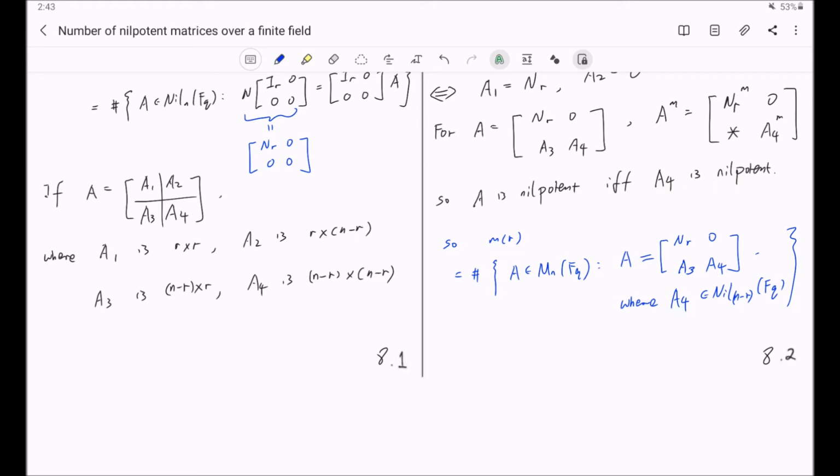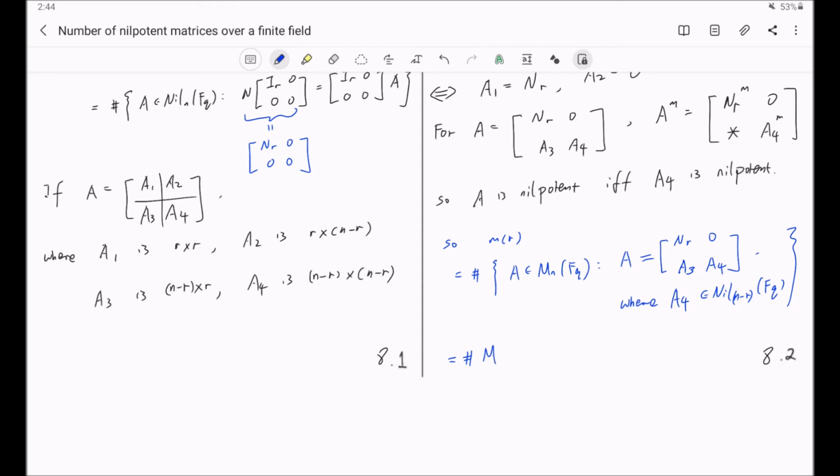Remember, A4 is nilpotent if and only if A is nilpotent. So to make A nilpotent, this is the only restriction for A3 and A4. For A3, we have full freedom of choices. And this number will be the product of the following two numbers. First, you want to count how many choices there are for A sub 3.